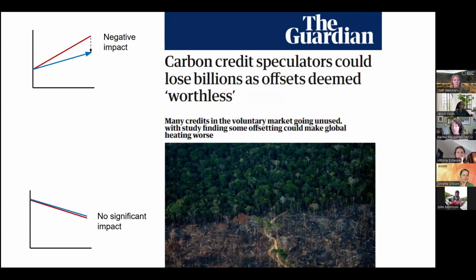And these projects, in most cases through no fault of their own, were claiming credits for this decline in deforestation that, once the researchers looked more carefully, was really happening everywhere. So while they were claiming that they were in this world of a net positive effect, in fact, they were really having no significant effect, or in some cases, even a negative effect. Deforestation was actually worse in some of the sites.